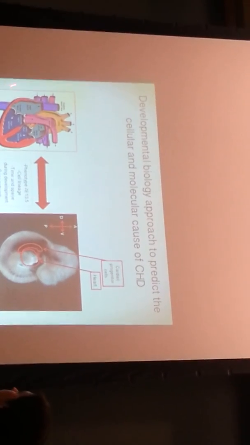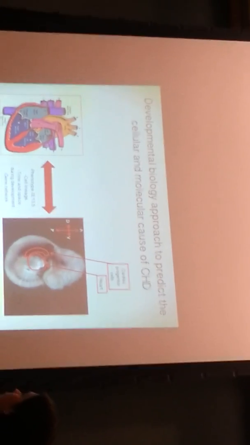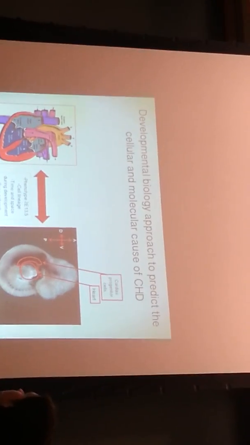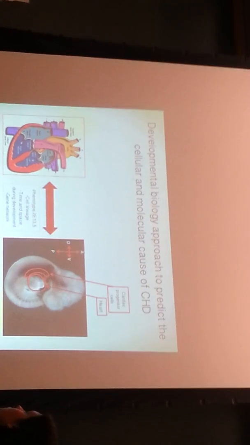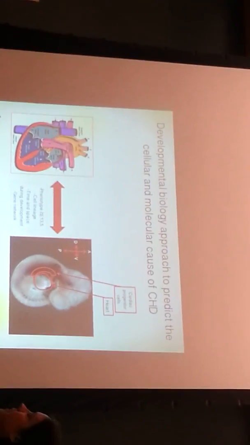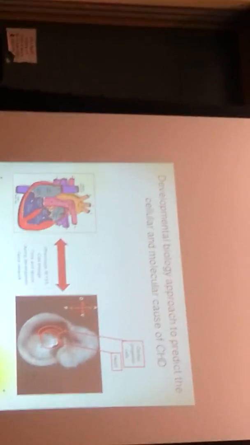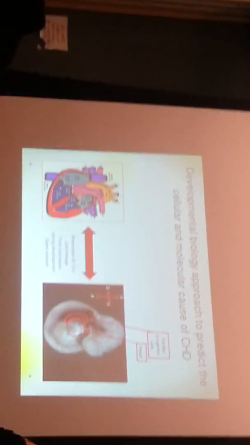I evaluate the morphology of the heart in later stages, either 14, could be 13 as well, but some things are not completely formed at that stage, so let's say 13.5 days and older.